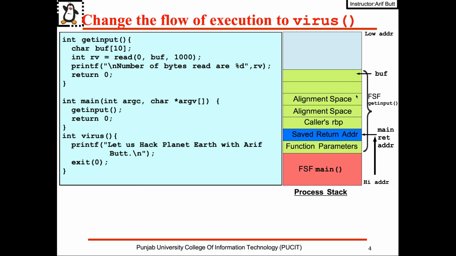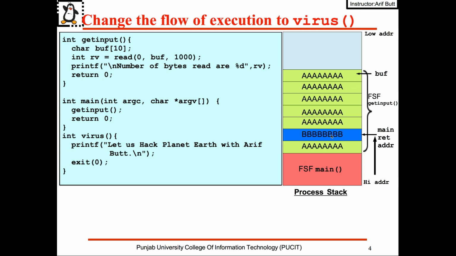Now let us suppose that the user enters more characters than the buffer can handle, and we see that the buffer is overflowing. Finally, the user input may override the saved return address as well. As you can see, the B's have overwritten the return address.